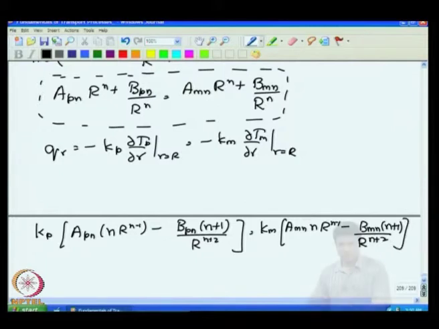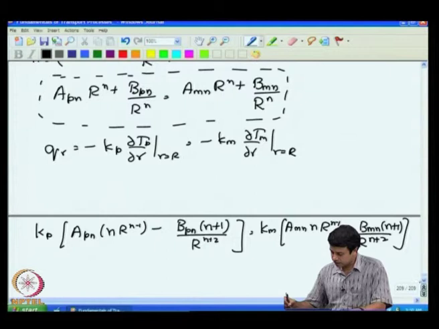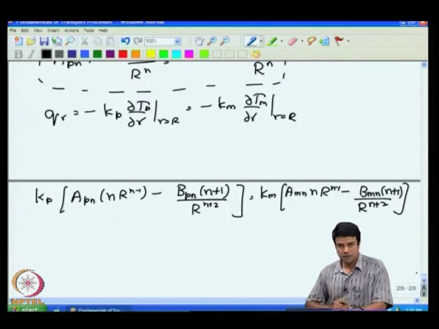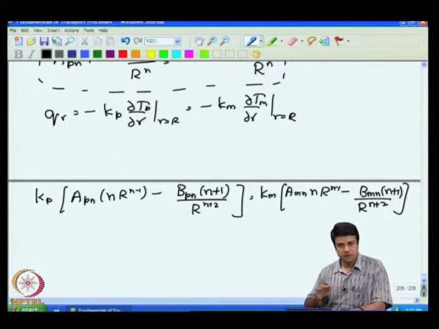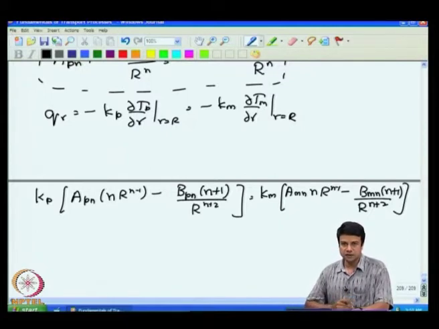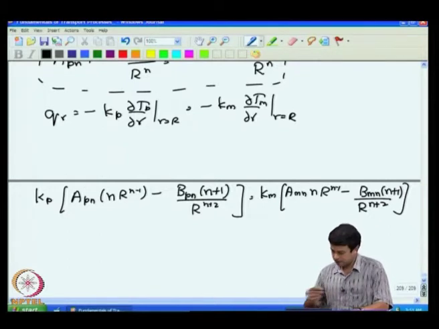Just doing the same thing, these will of course have Legendre polynomials sitting beside them, and I should be equating the summation of these two. But since the Legendre polynomials are all orthogonal, I can without loss of generality set the coefficients equal. This is for all values of n.